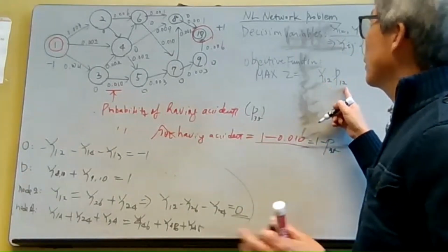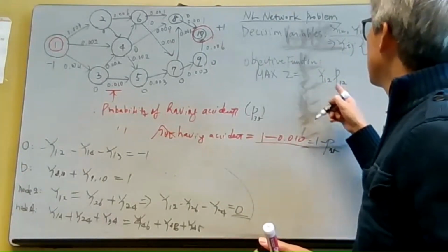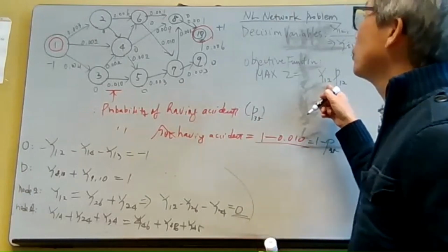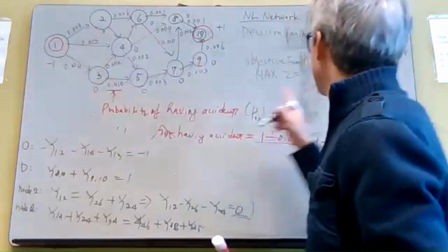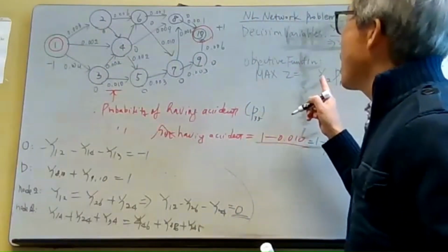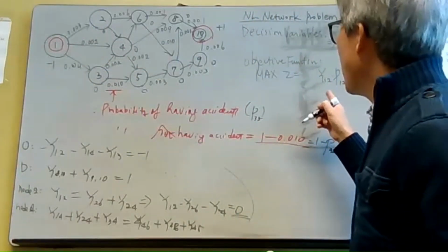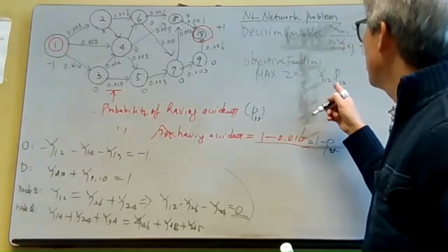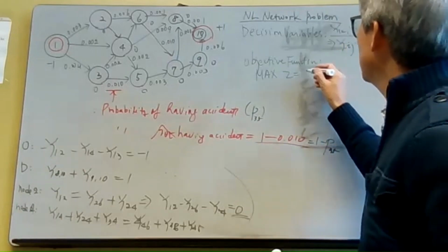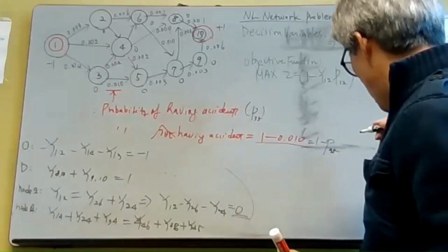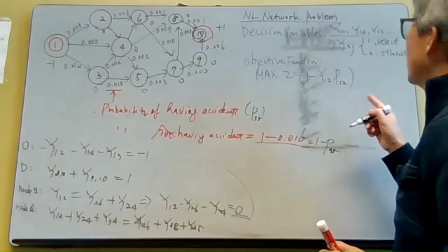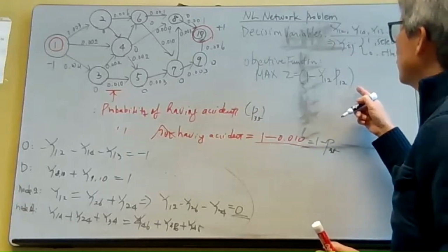This is the probability of having an accident if you drive through the segment between node 1 and node 2. That means the probability of not having an accident if you drive through segment 1 to 2 will be 1 minus y12 times the probability of having an accident p12.